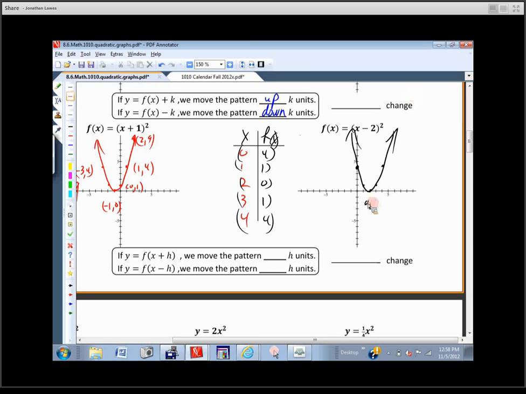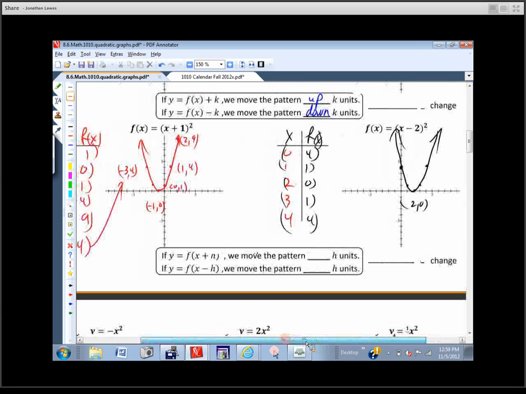We could go through and label the points, but the important part here is if you know where the vertex is, you can find the other points pretty easily. Go over 1, up 1 squared, go over 2, up 2 squared. We can do that to the left. Back 1, up 1 squared, back 2, up 2 squared.